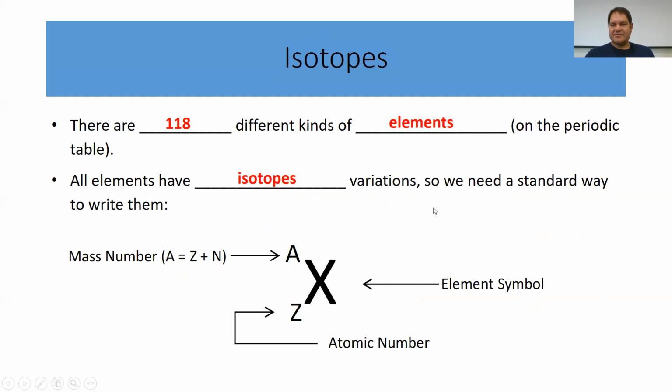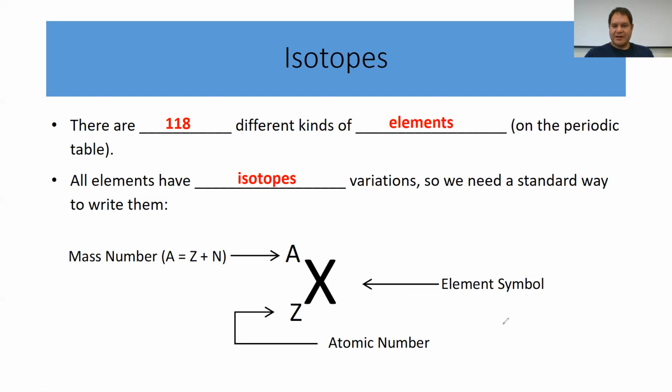So every single element has at least 2 different isotopes or 2 different atoms that make up that element, okay? So we need kind of a standard way to represent those isotopes symbolically for an element. So here's kind of the general idea of what we're looking at here.